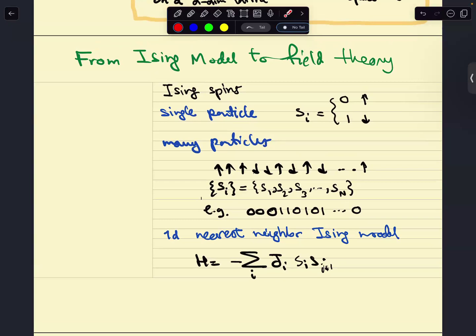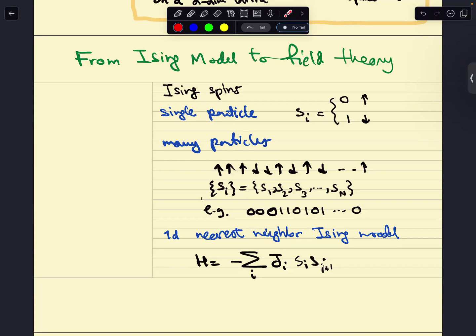So I don't want you guys to get lost in all the material I'm presenting, so I want to constantly summarize. I claim that many-particle classical systems, in some low energy limits, will result in field theories.